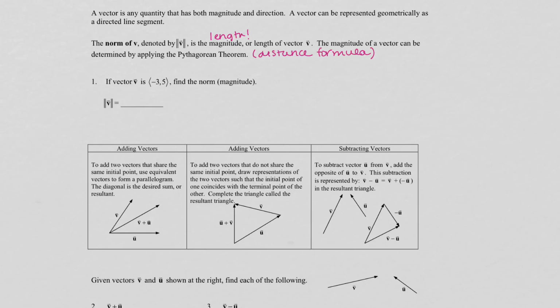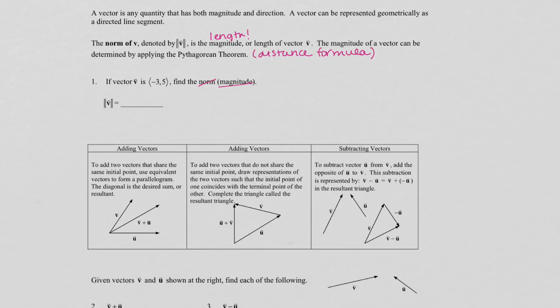All right, so for example 1, they said if vector v is (-3, 5), find the norm, which is the magnitude. So we're finding the magnitude here. And remember that the magnitude is just that application of the distance formula, right?